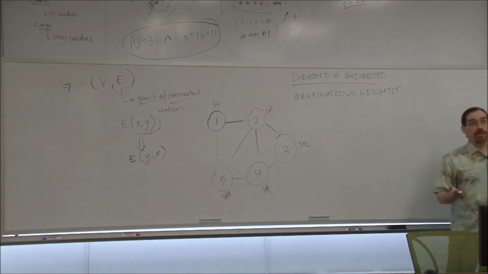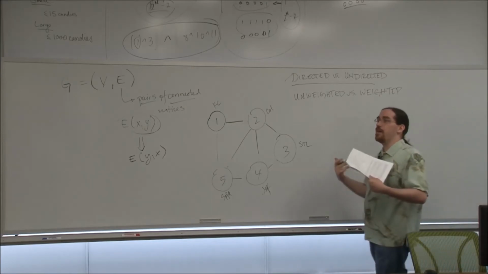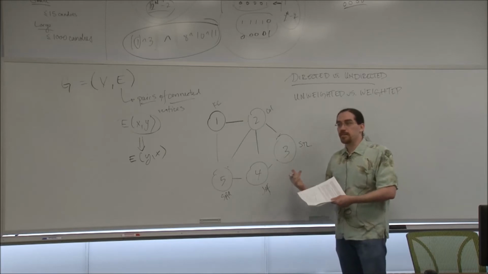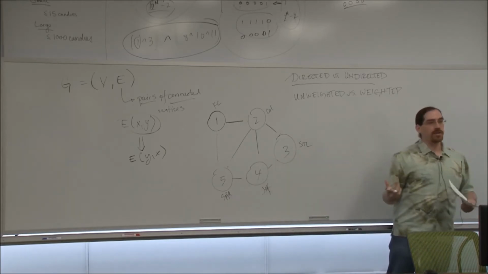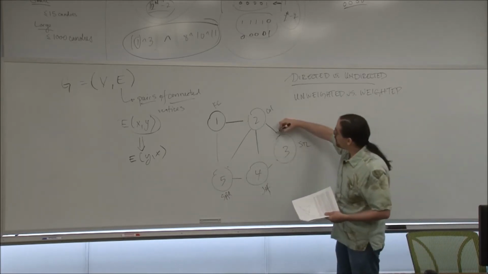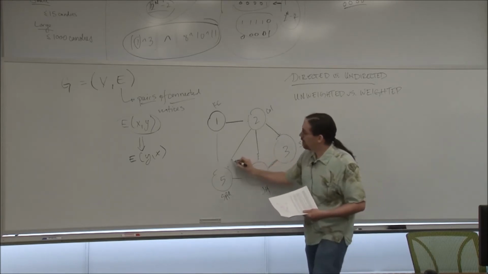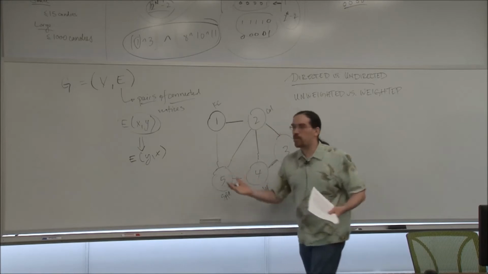But more likely what we're interested in is maybe finding the shortest path. Maybe we want to look at the distance along each road and find the shortest one. In that case, what we can do is assign weights to these edges, where the weight is whatever we're interested in.